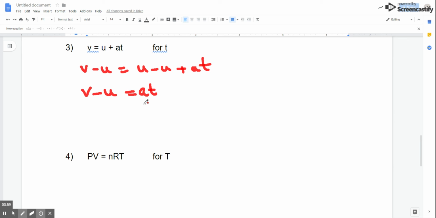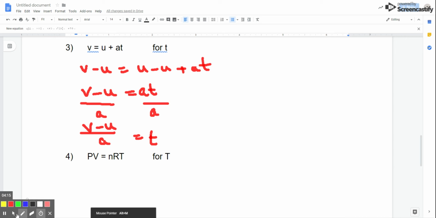A is multiplying the T, so we're dividing both sides by A. So our equation becomes T equals V minus U over A. Now let's look at the next example.